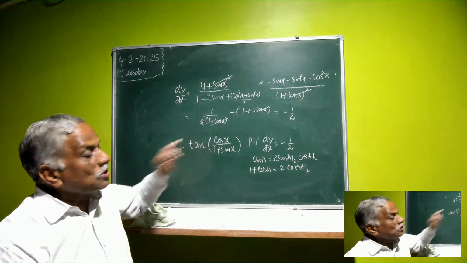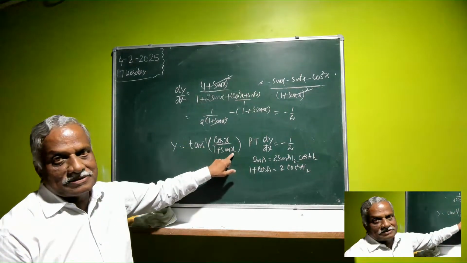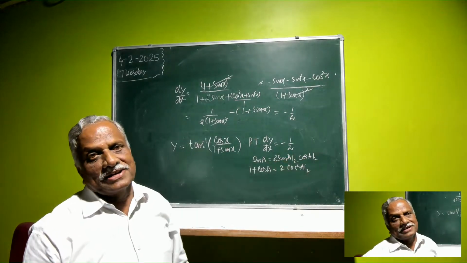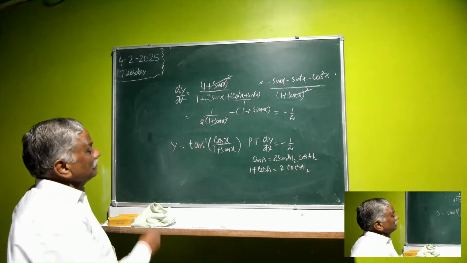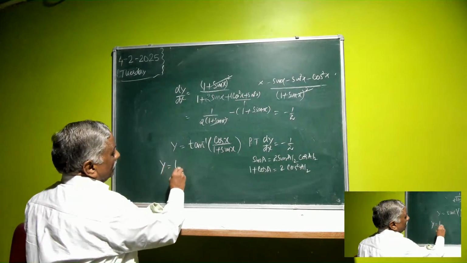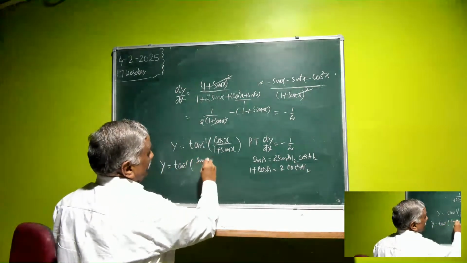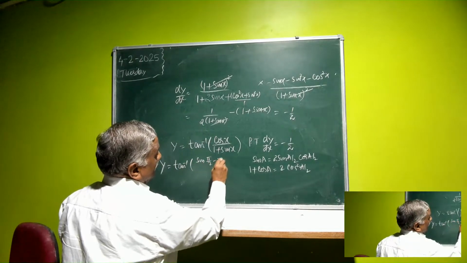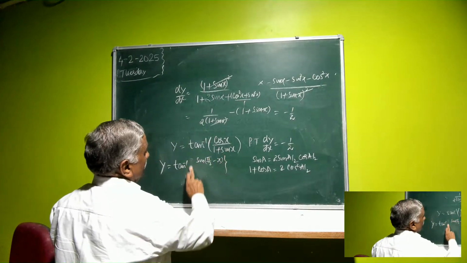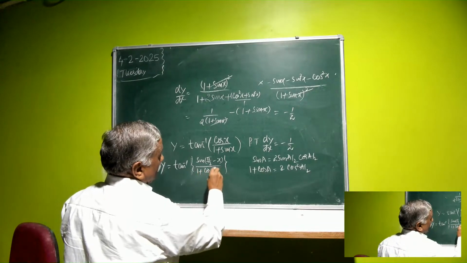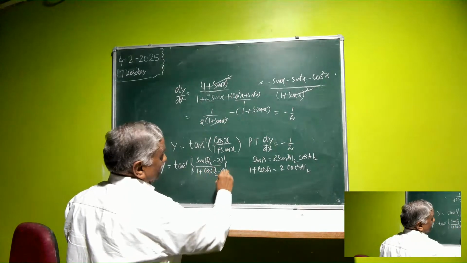So here they have given cos x over 1 plus sin x. If they had given sin x over 1 plus cos x, simplification would have been easier for us. So what we should do is convert it. You can write cos x as sine of pi by 2 minus x, and write 1 plus sin x as 1 plus cos of pi by 2 minus x.